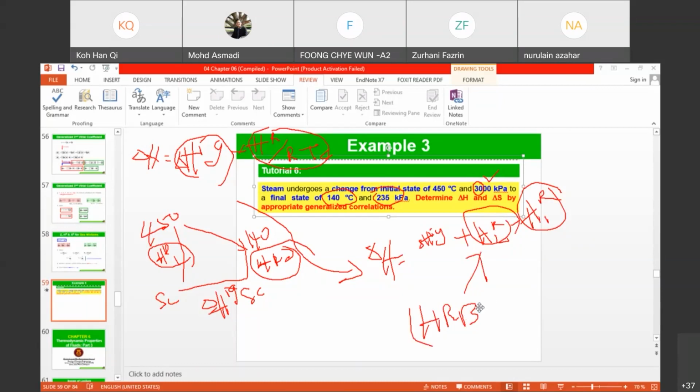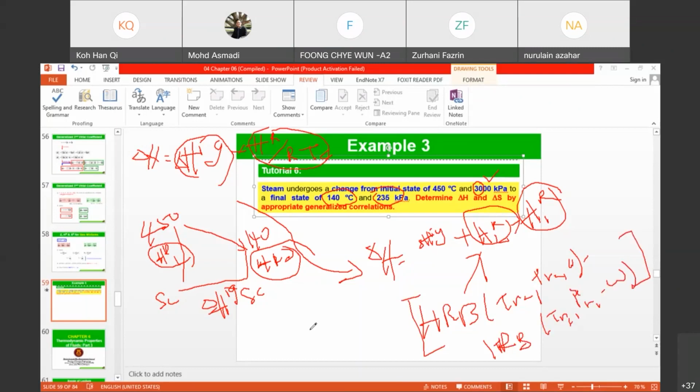HRB at TR2, PR2 as well as omega, minus HRB at TR1, PR1 and omega, all over RTC.